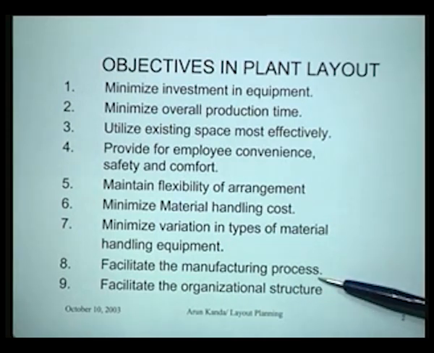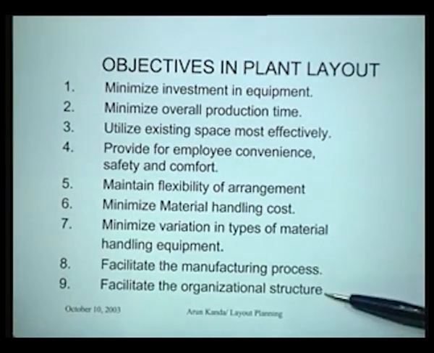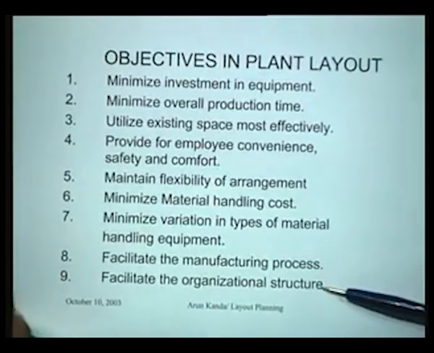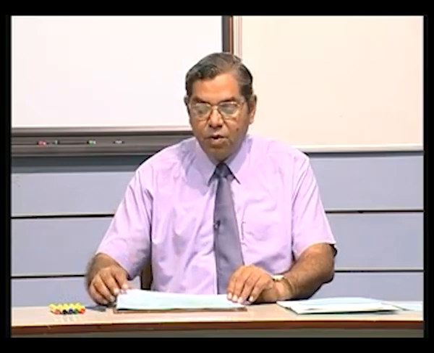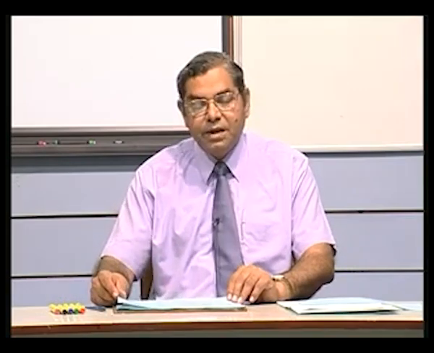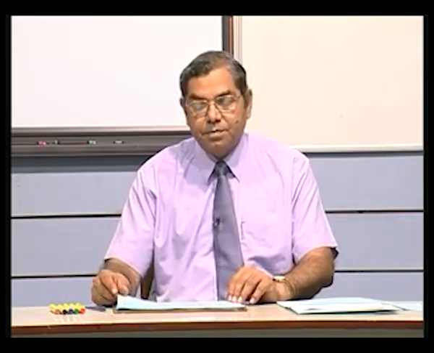Generally, the plant layout would facilitate the manufacturing process, and it would also facilitate the organizational structure, because what would happen is that you are trying to place different kinds of equipment and trying to segregate different types of operations, and therefore it will tend to facilitate the organizational structure as well.